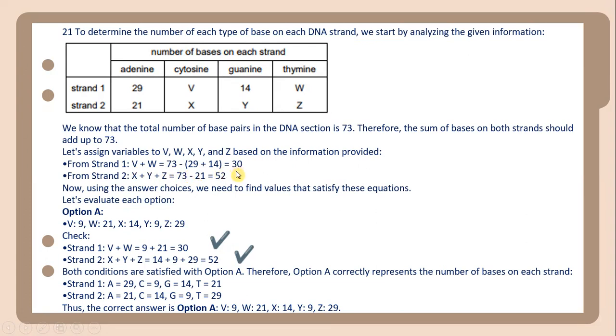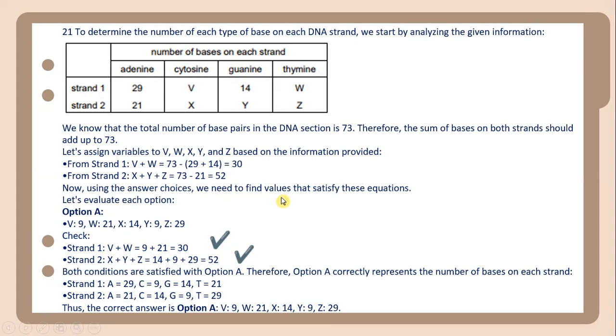That is referring to strand 1. From strand 2, X plus Y plus Z is also 73 minus 21, you get a value of 52. So now using the answer choices, we need to find the value that satisfies this equation.